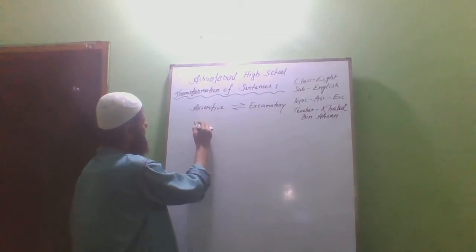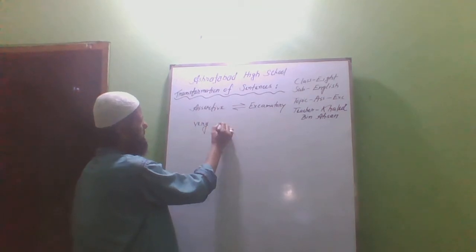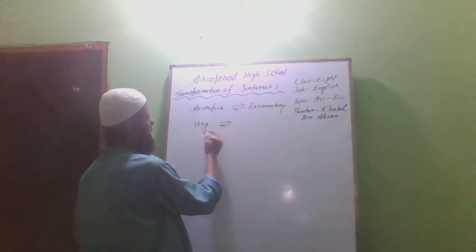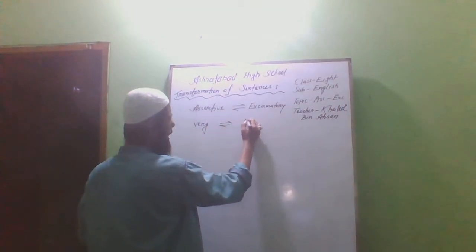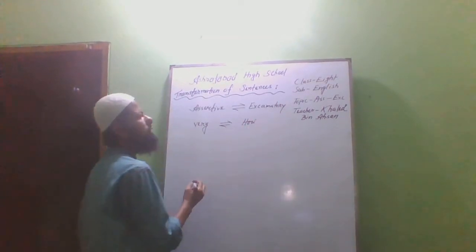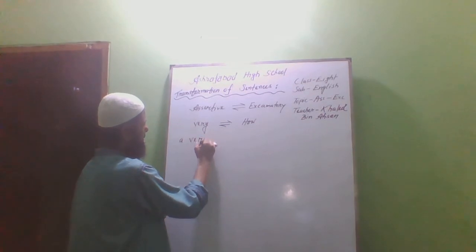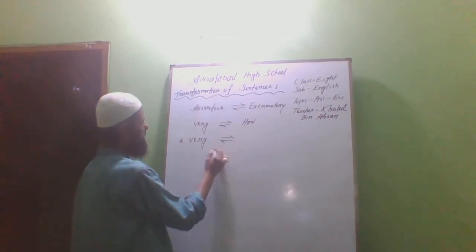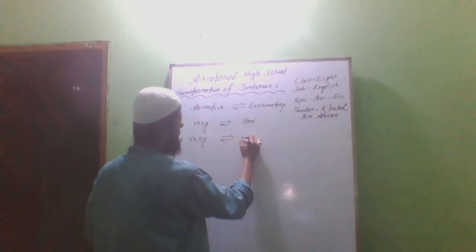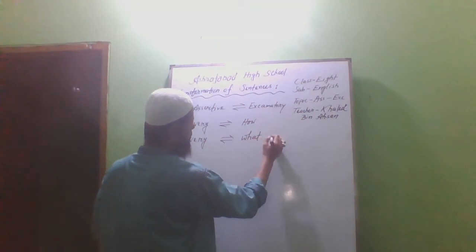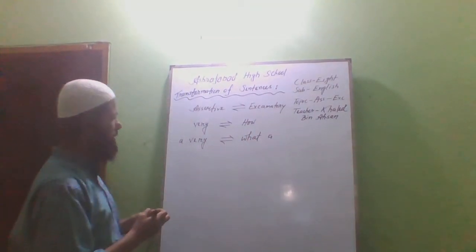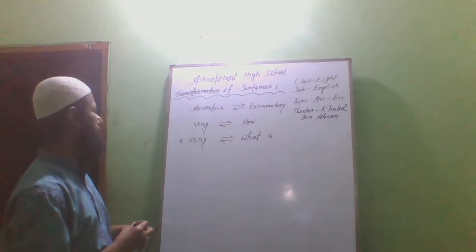If we find "very" in an assertive sentence, then we will use "how" to make it exclamatory. If we find "a very" in an assertive sentence, then we will use "what" to change the sentence into exclamatory.